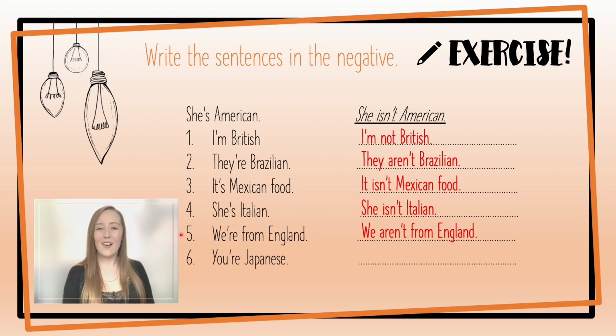We aren't from England. We're from Spain. Good. Well done. And the last one, you're Japanese. How can we make this into the negative? Excellent. You aren't Japanese. Good. So remember to add not after the verb to be to make it negative.